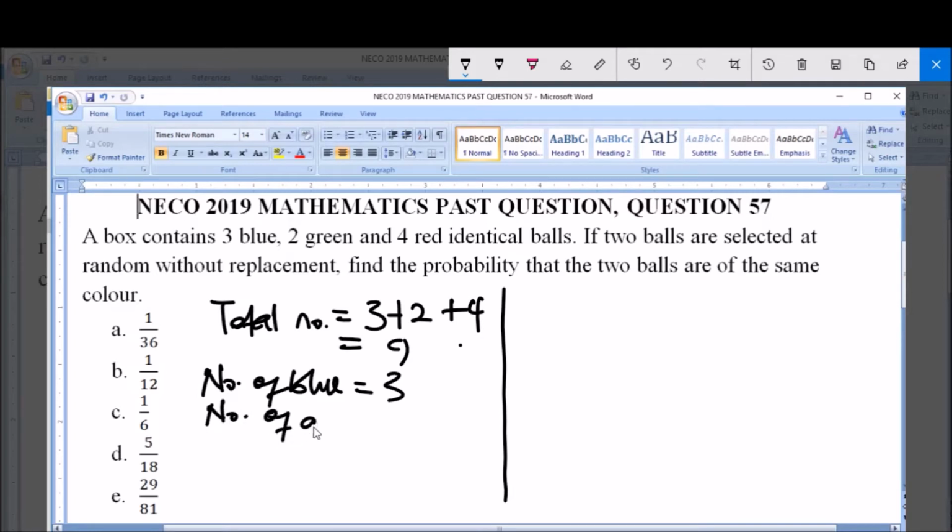The number of green balls is equal to 2, and the number of red balls is equal to 4. Now the probability of picking 2 balls without replacement and ensuring that these 2 balls are of the same color is given as the probability that these 2 balls are blue, or the probability that the 2 balls are green, or the probability that the 2 balls are red.